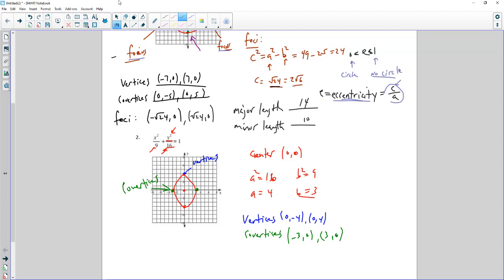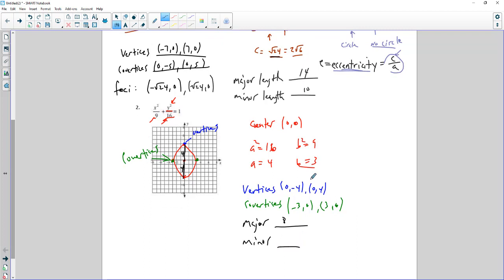And the major and minor length. Your major length is going to be, well, this is 4 and this is also 4, so the total distance of the major axis is 8, or double what a is, and the length of the minor axis will be double what b is, which will be 6, because we're going 3 this way and 3 this way. So that's kind of how that works.